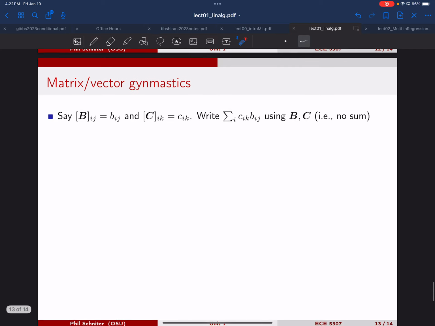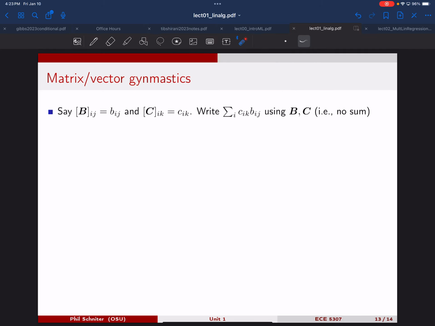Excellent. Okay, and the last couple slides are just sort of what I call matrix vector gymnastics, examples of some stuff that we'll see several times throughout the course, stuff that I'll put on the first exam that puts together several of the concepts about matrices and vectors that we've seen.